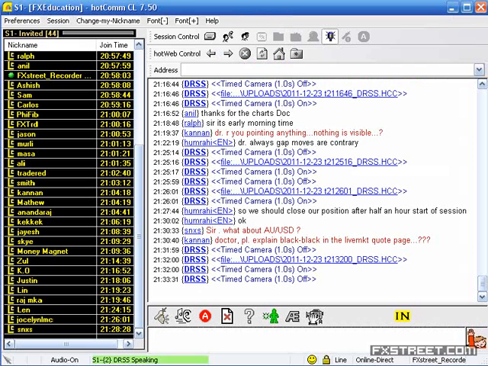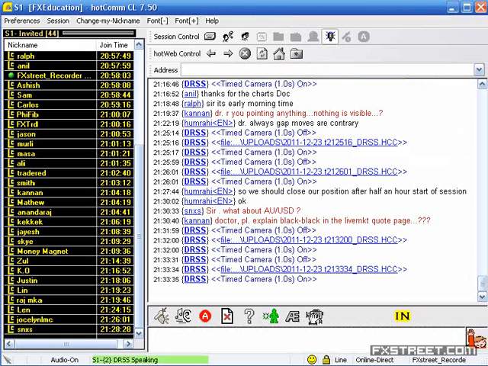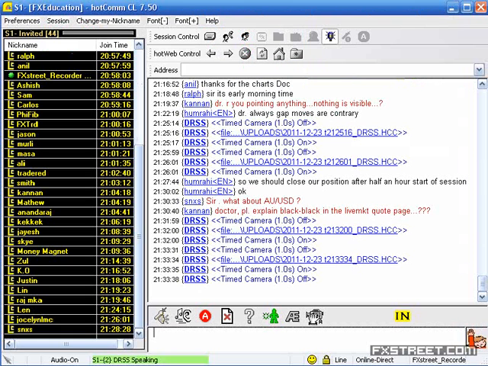Let me go back to the live market code page again. So just refreshing the live market code page.